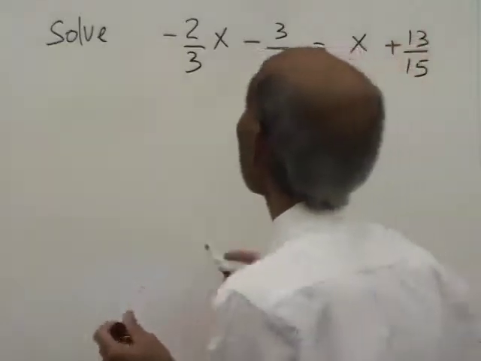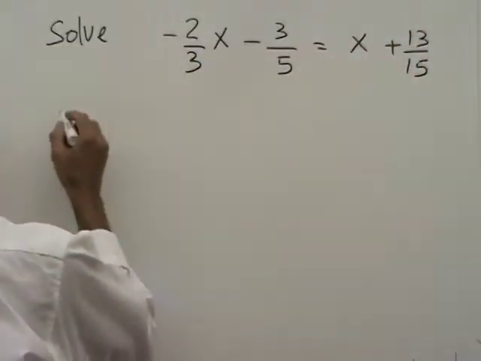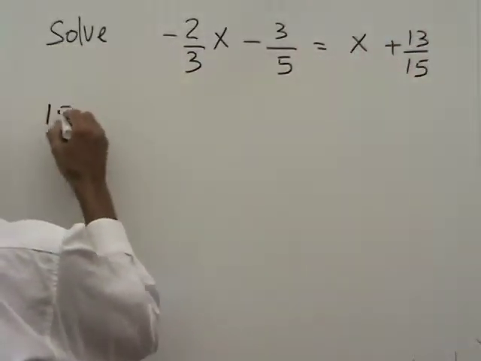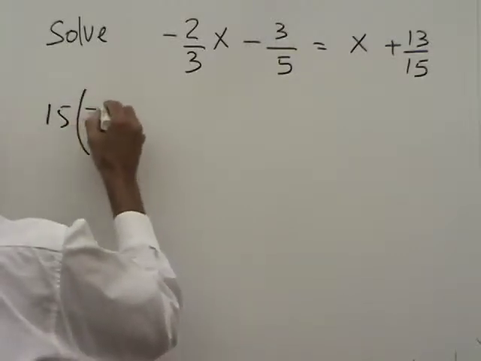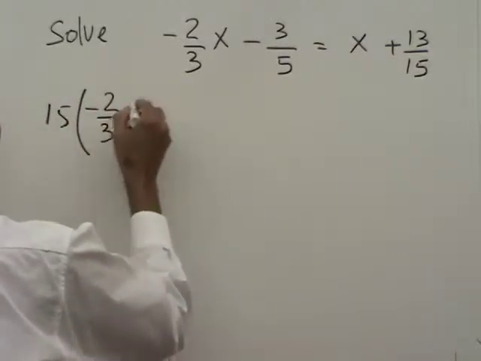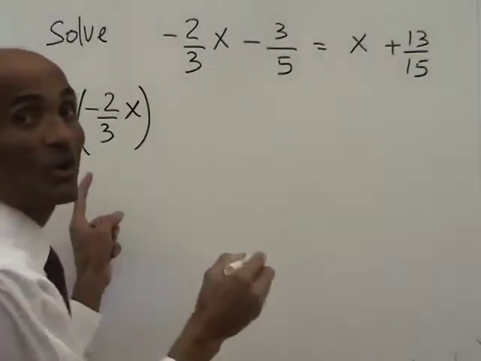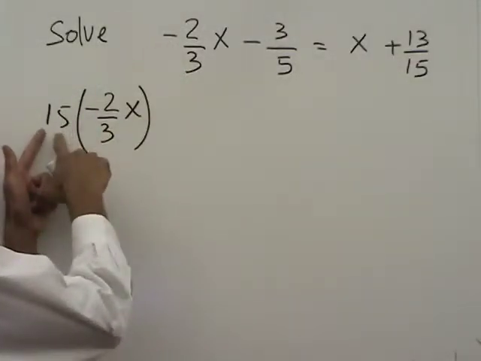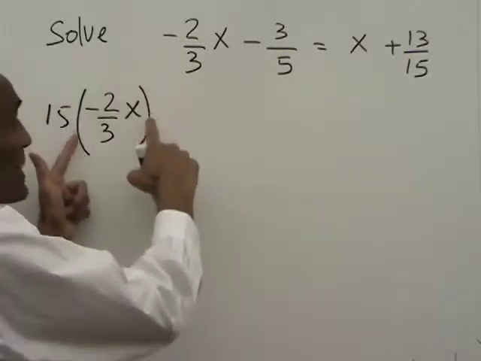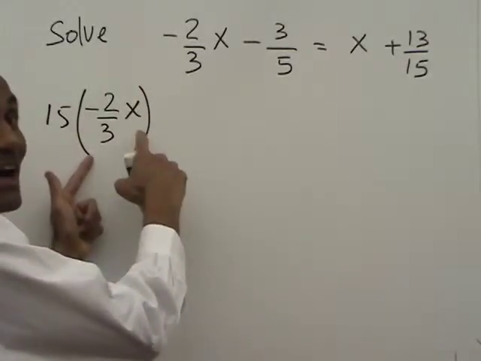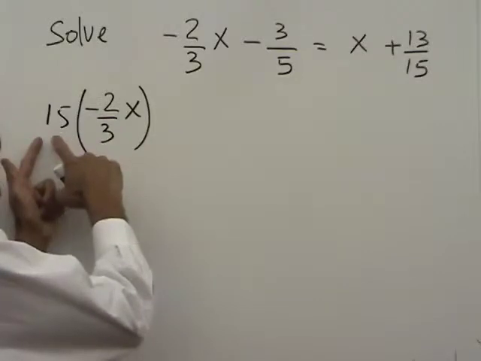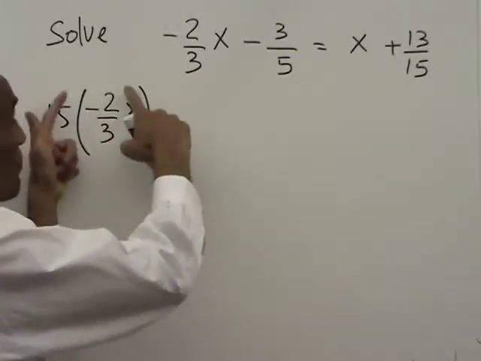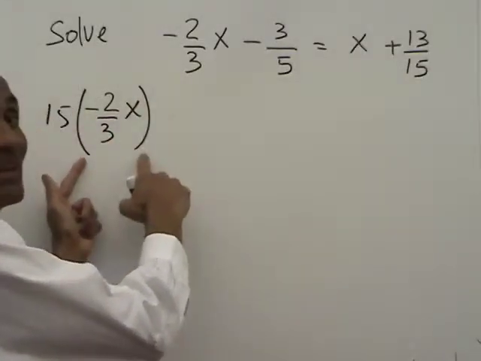Now look at the way I'm going to multiply that. I'm going to multiply 15 by negative 2/3 x. Look at the way I'm writing this. Because this is negative, when I multiply by 15, I put that in parentheses. Otherwise, I will read it as 15 minus. To avoid that, I use a parenthesis.